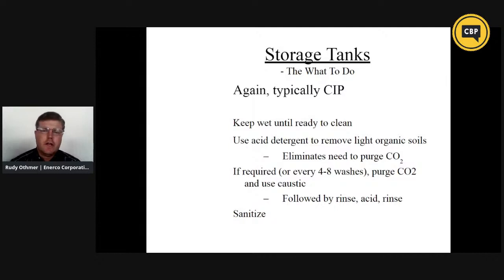So again, they're big tanks, so we're going to CIP them. You'll notice a lot of repeats here. Keep it wet until it's clean. Because our organics are lightly adhering, in the last about 5 or 6 years there have become available in the market some acid detergents that are extremely effective at organic soils.